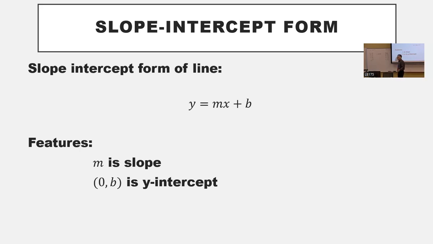the coefficient of the x is the slope of that line. And the point (0, b) is where that line hits the y-axis. And so that's what we call the y-intercept of the line, where it hits the y-axis.